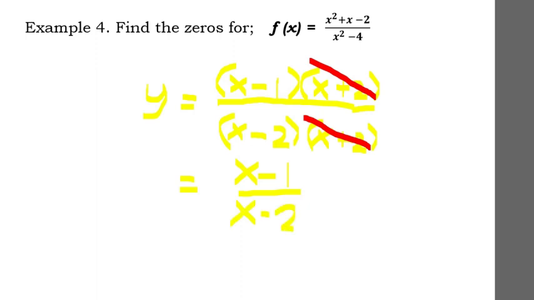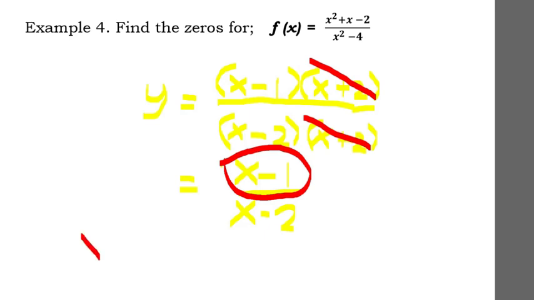So as we have said earlier, since the numerator and denominator are already prime, we can now equate the numerator to 0, which is x minus 1. So we can now equate x minus 1, or the numerator, to 0.